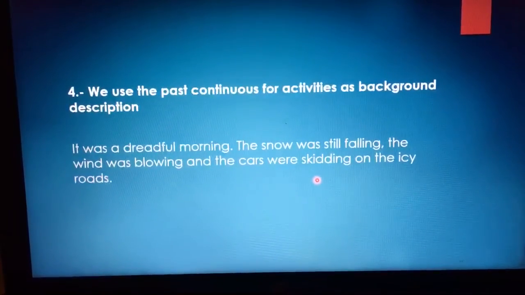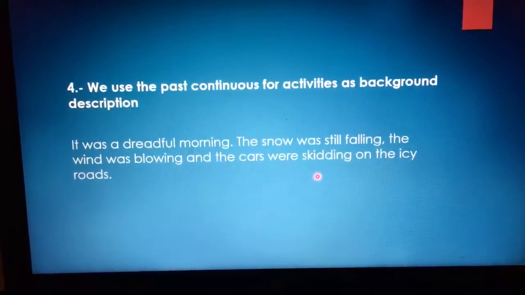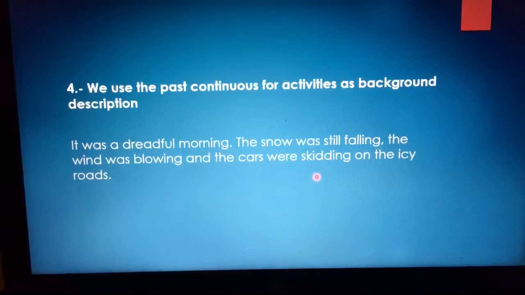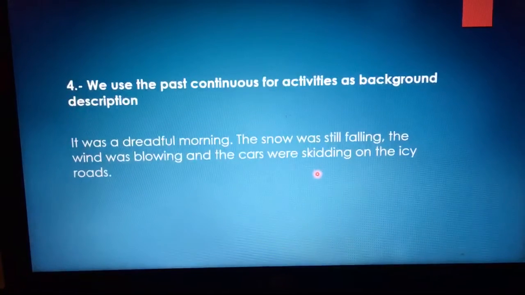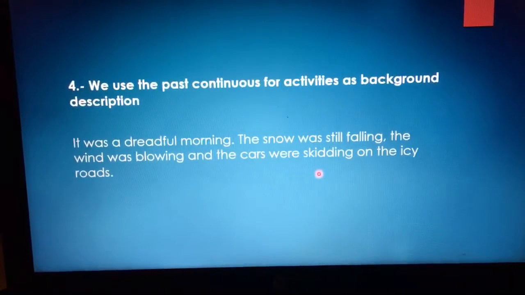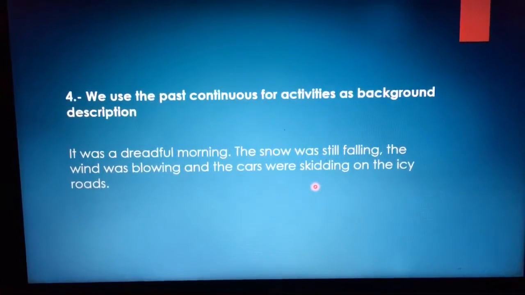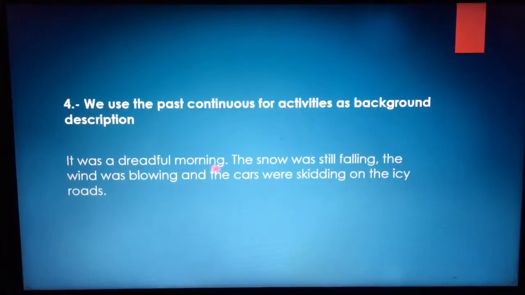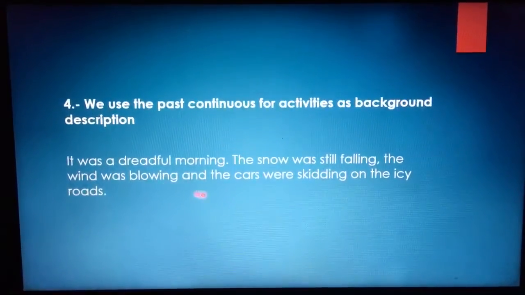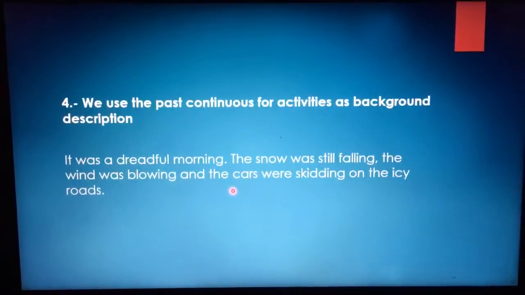For instance, it was a dreadful morning. The snow was falling, the wind was blowing, and the cars were skidding on the icy roads. Okay, so with this sentence we're describing the morning, and whatever was happening in that morning.